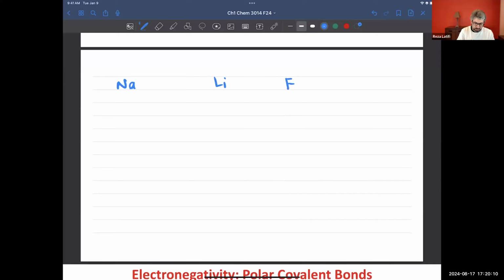Sodium has 11 protons, lithium will be 3, and fluorine will be 9. Sodium belongs to the third layer, lithium belongs to the second layer, and fluorine belongs to the second layer.